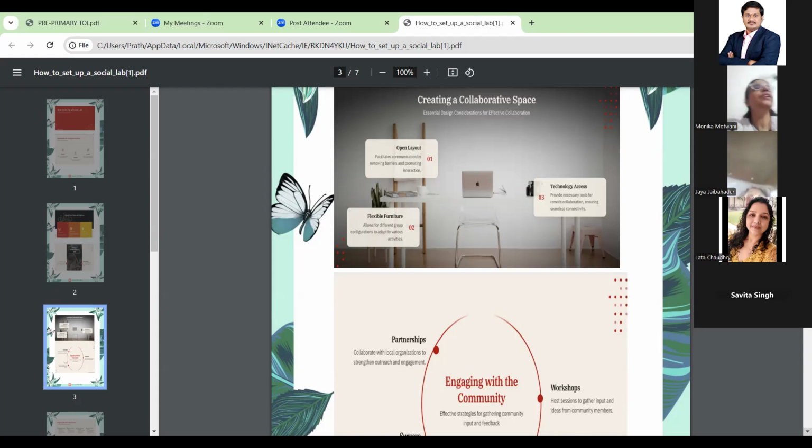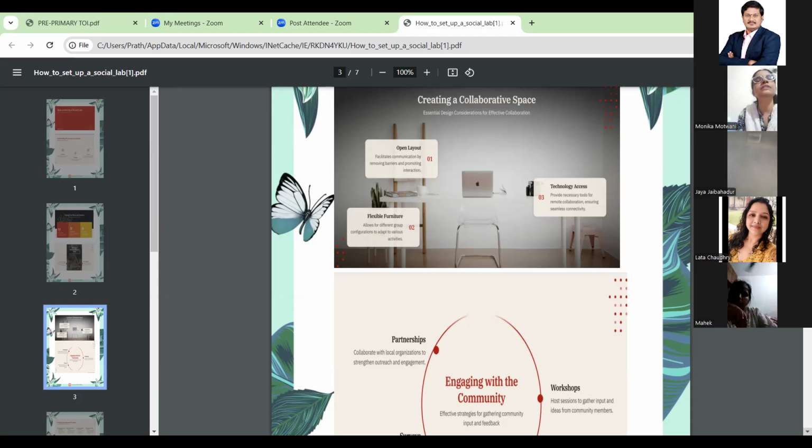So even here, flexible furniture is required, which allows for different group configurations to adapt to various activities. So before or during the research, the setup of everything, even the furniture, plays a very important role. Furniture can be rearranged and expanded easily to fit changing needs. For example, a table can be used for a meeting, and it can also be used as a workspace for a person to work in person.